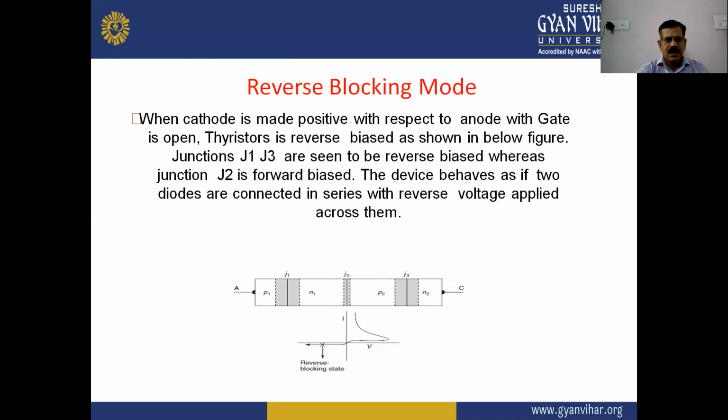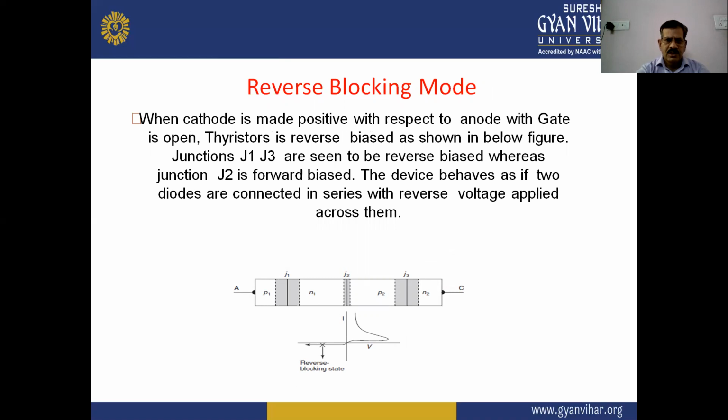And next one is the reverse blocking mode. In reverse blocking mode, the cathode is made positive with respect to anode with gate open. The thyristor is reverse biased as shown in the figure below.